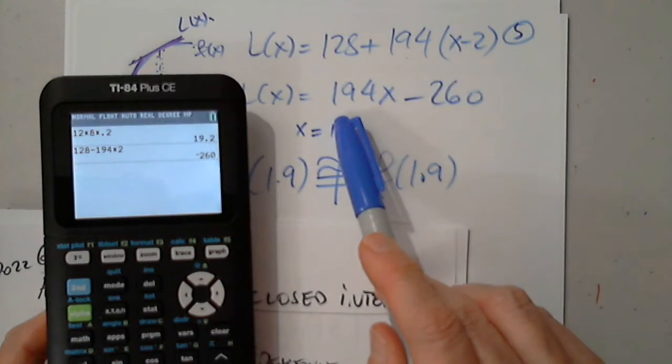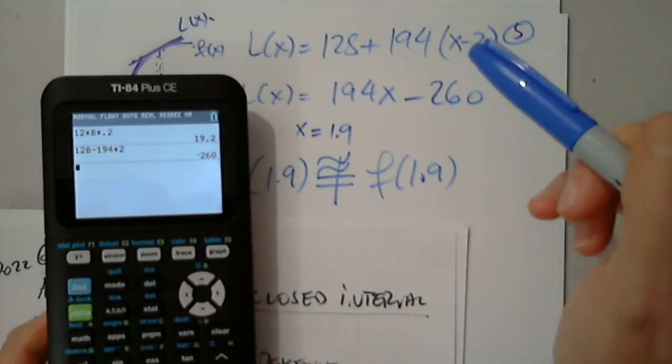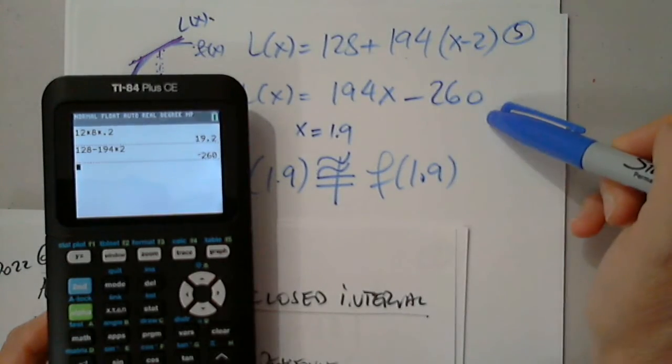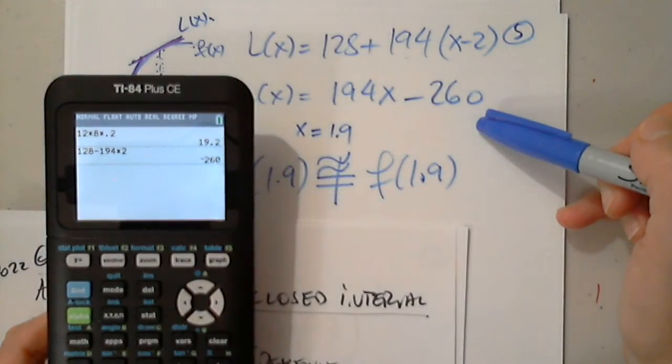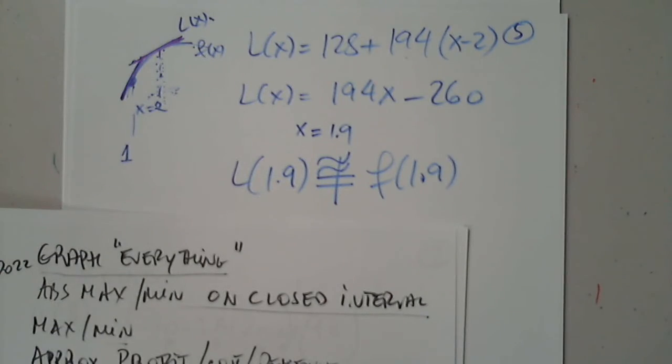So 194x is here, but then I have to combine like terms, 128 minus 194 times 2, and I got negative 260. Is that okay? Yeah. Perfect.